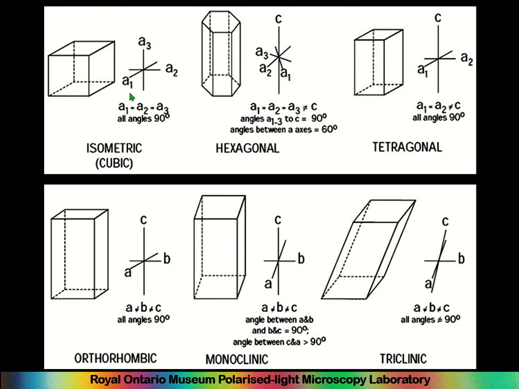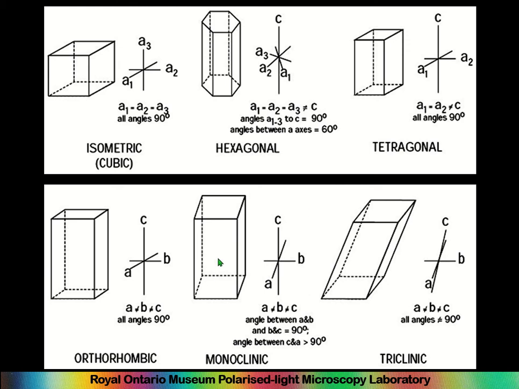So as you can see, this is the sort of shape they can form. You'll be able to use this quite often to identify things. Isometric things will be quite obvious, unless of course you're looking down the c-axis.